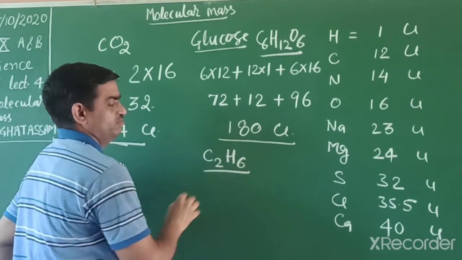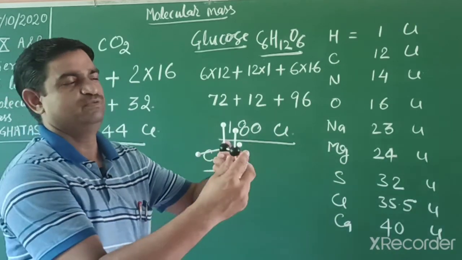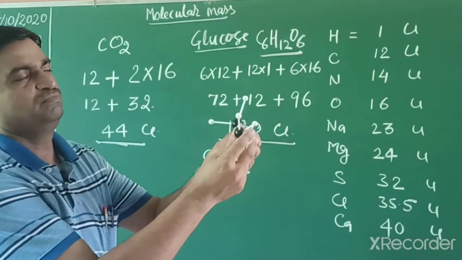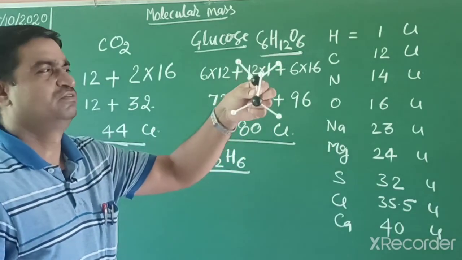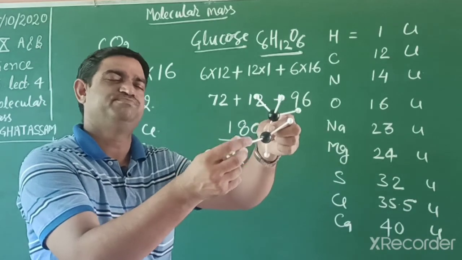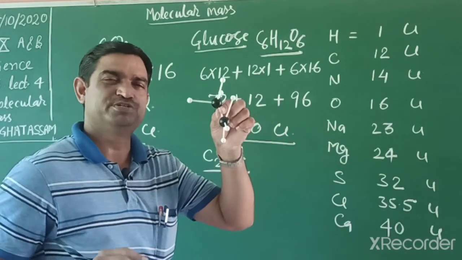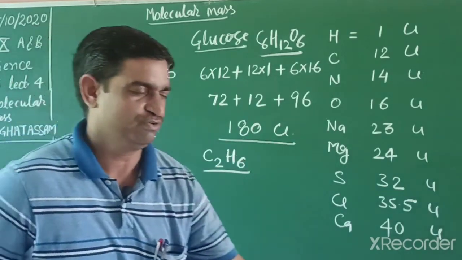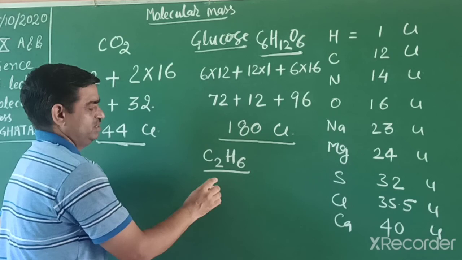If C2H6 is a molecule given in your NCERT book, we can make it in molecular model form: 2 carbon atoms and 6 hydrogen. So students, how can we total the mass? If we combine all the mass of all the atoms in a molecule, then that mass is the molecular mass. Very simple, carbon and hydrogen.